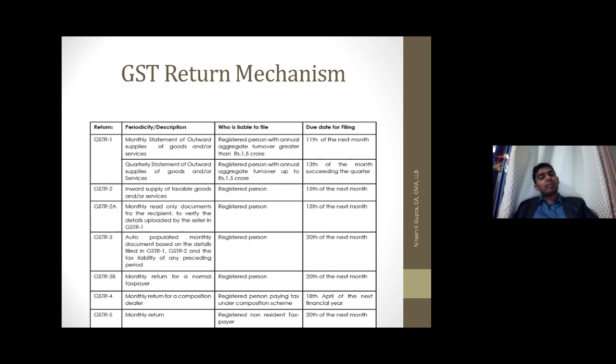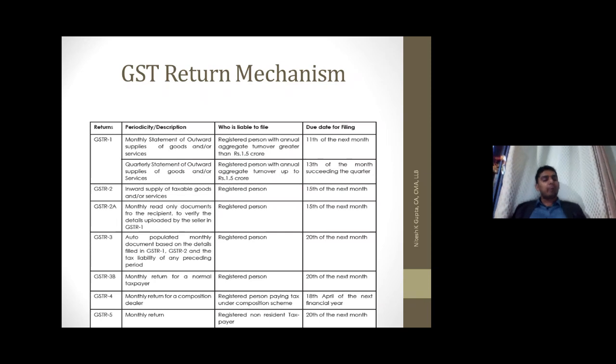Whatever is uploaded in GSTR 1 is reflected in GSTR 2A. I'm the seller, I upload my sales in GSTR 1, and my purchaser will get GSTR 2A. These invoices will be available to my buyer in his portal by the 15th of the next month.